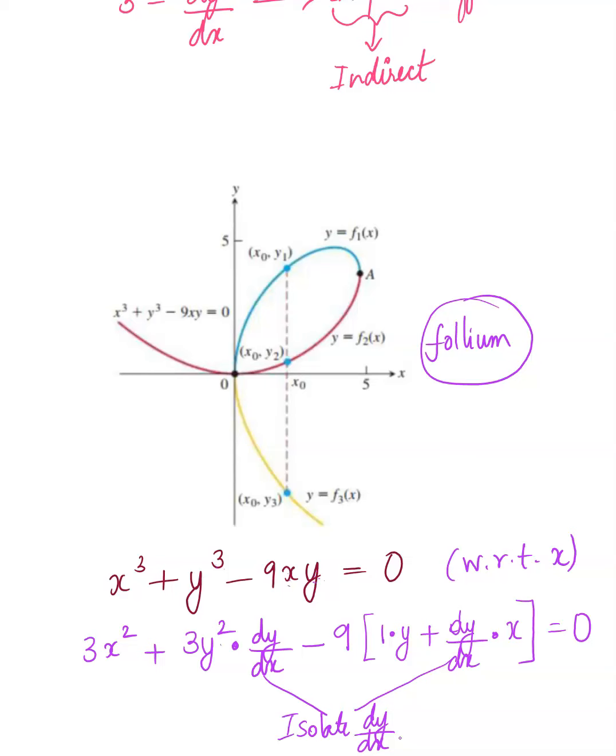You don't have to complicate things, and implicit differentiation allows you to do it in the easier way. So you're indirectly finding dy over dx for a complicated expression like this, where y cannot be solved for.